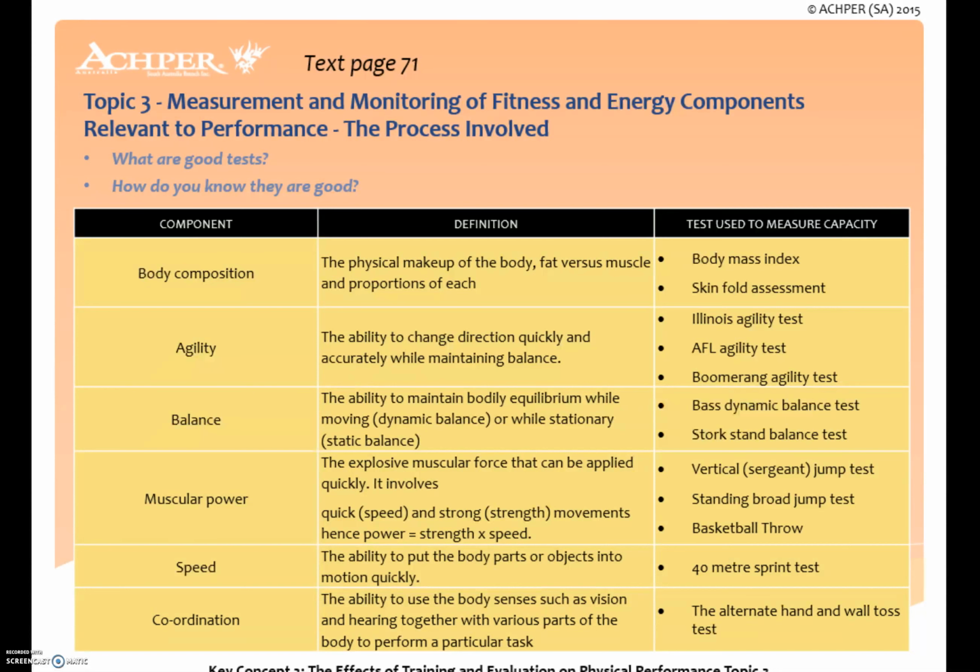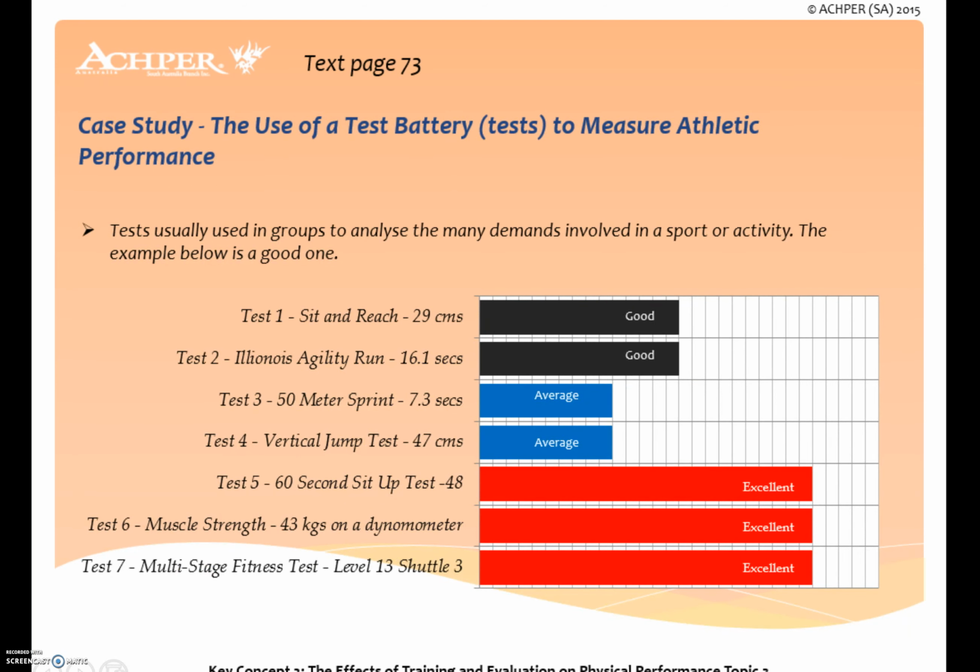For example, if you're doing a netball type activity program, then you might have something that involves passing or netball movements that is not necessarily specific to the Illinois agility test. As long as you keep it consistent, you can use it as a measuring point. However, these are the ones that we want to talk about in our own exams.